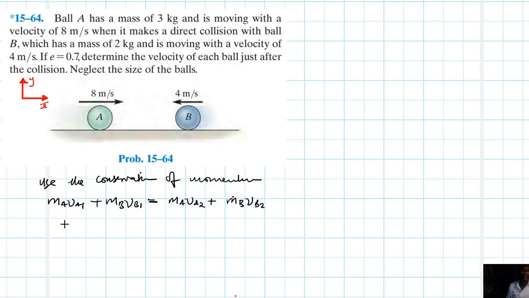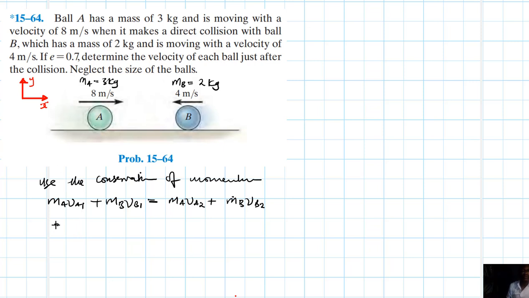So what is mA there? This one is 3 kg, so mA is equal to 3 kg and mB is equal to 2 kg.